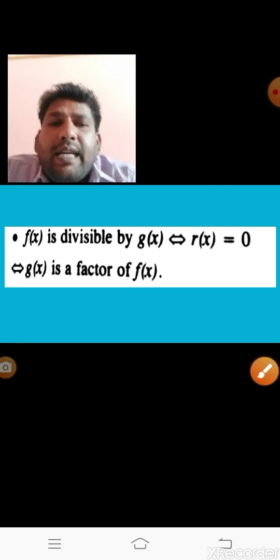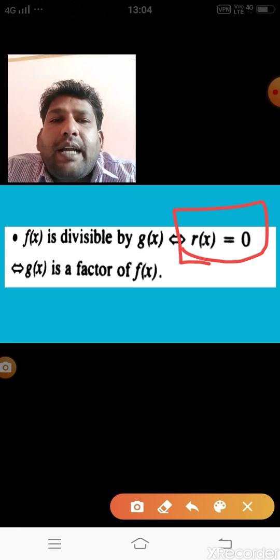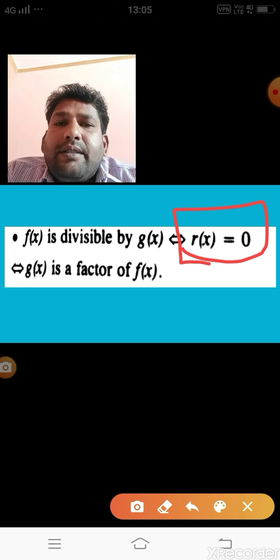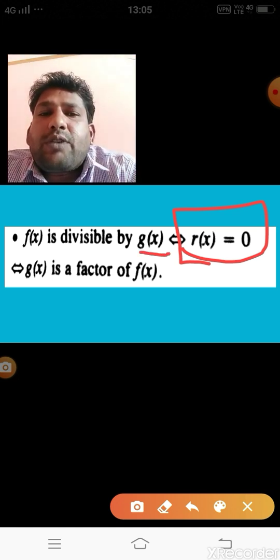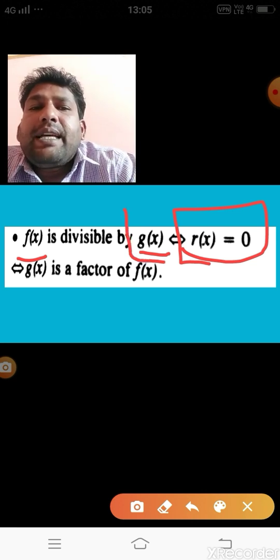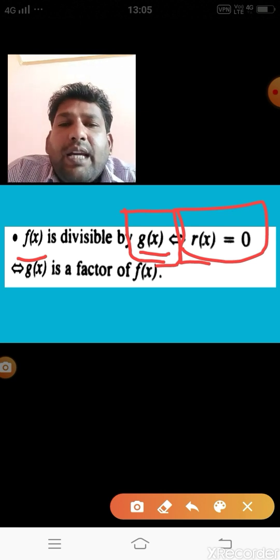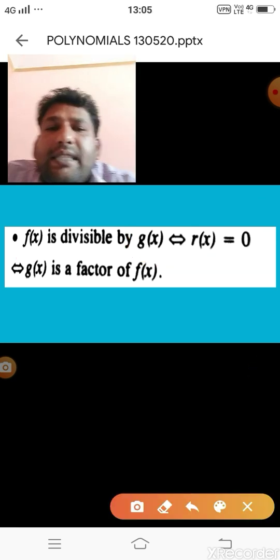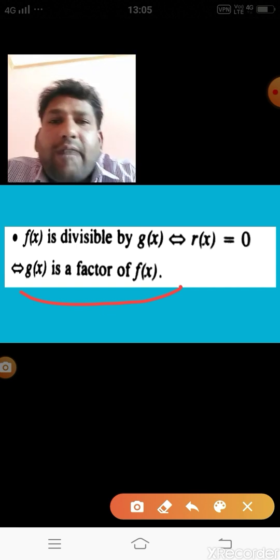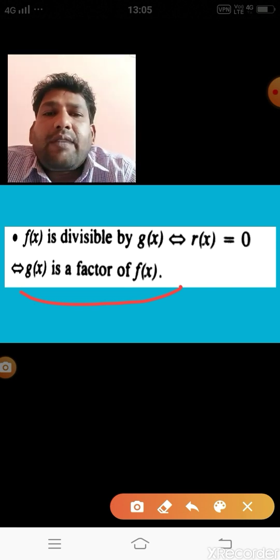If the remainder we get is 0 when we divide two polynomials, then suppose the first function you take as f(x) and you divide by g(x) and you get the remainder 0, it means we are able to say g(x) is a factor of f(x). In some questions we have to check whether the given polynomial is a factor of the other one or not. Then we observe this.